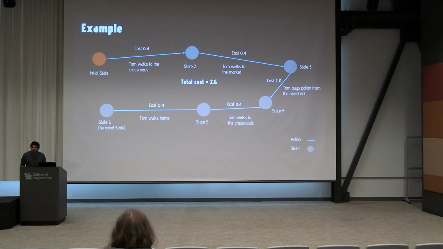For example, here in the initial state, Tom walks to the crossroads is the only action you can take? There should be a bunch of other possible actions, right? And is this action space predefined, or can the application calculate this action space?